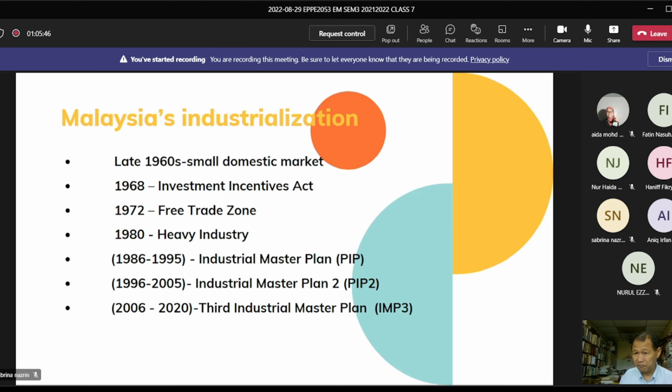So higher tariffs, and that protection was theoretically meant to be temporary, but what happened was that the import substitution policy turned out to be an inward-looking policy which may not give continuous success because the companies are protected from competition.